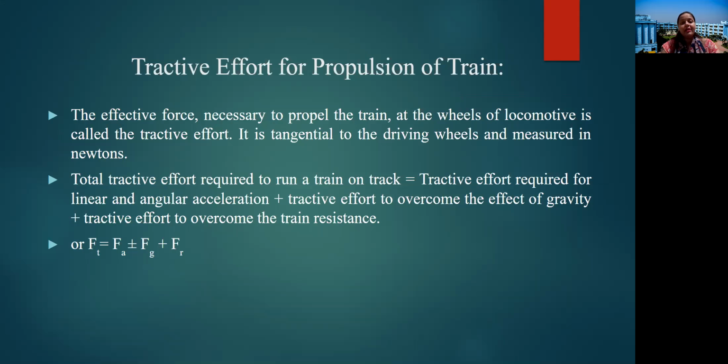So FT will be the sum of FA plus minus FG plus FR. Now why plus minus FG? Because whenever the motion is in the direction of gravity, it will be plus. Whenever the motion is opposite to the gravity, it will be minus.